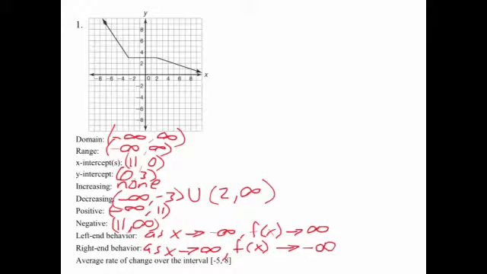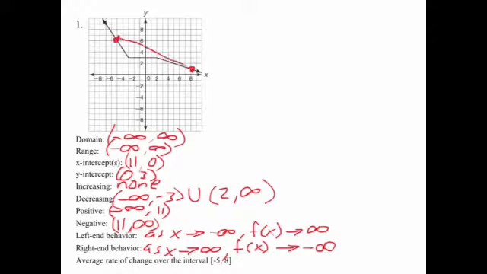And that brings us to the last part, average rate of change over the interval from negative 5 to 8. When it gives you this interval here, that's describing the x values. So there's an x value of negative 5, there's an x value of 8. So between here and here, what's my average rate of change? Well, that goes from this point to this point over here.